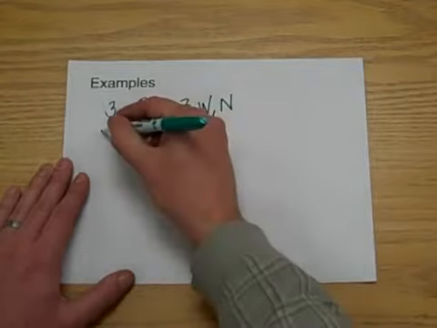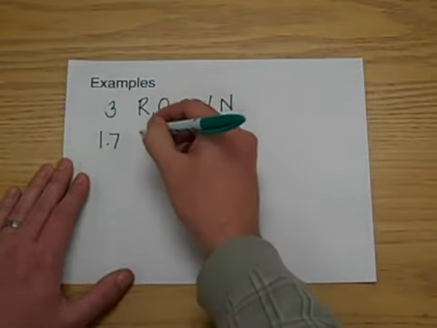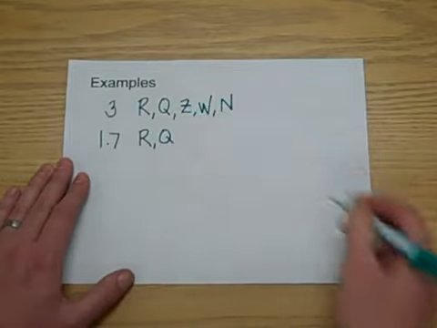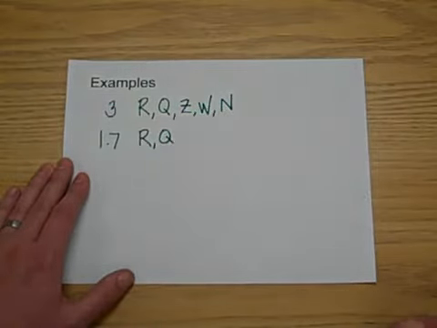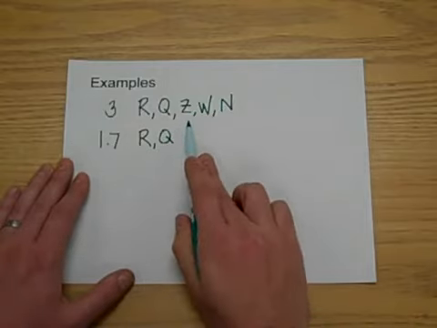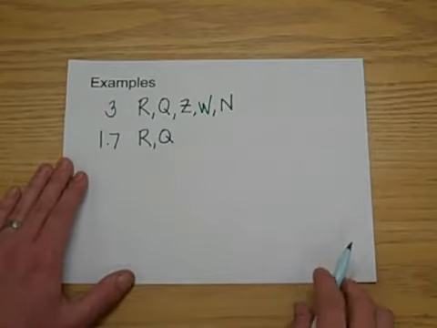All right, example number 2, 1.7. Well, that's real. And it's also rational because it's a terminating decimal. It is not an integer because it has a decimal. And if it's not an integer, it can't be whole or natural. So I'm just going to stop with R and Q, real and rational.